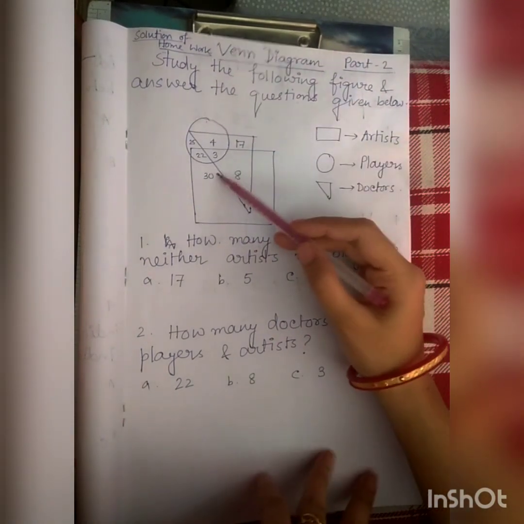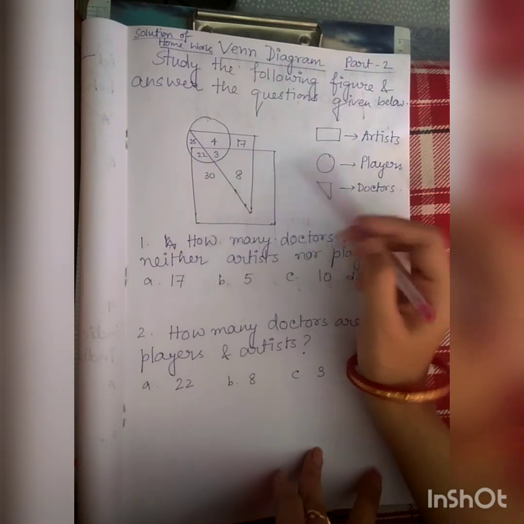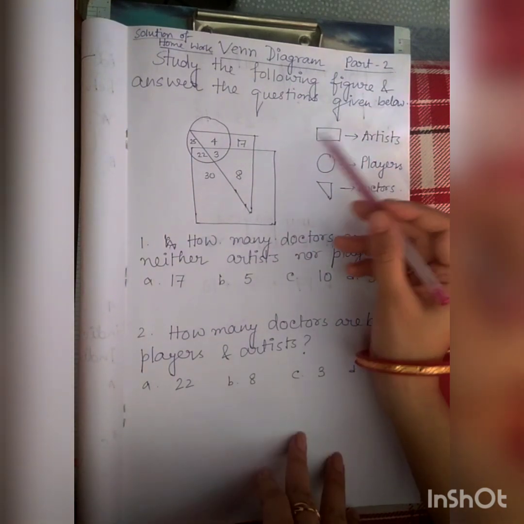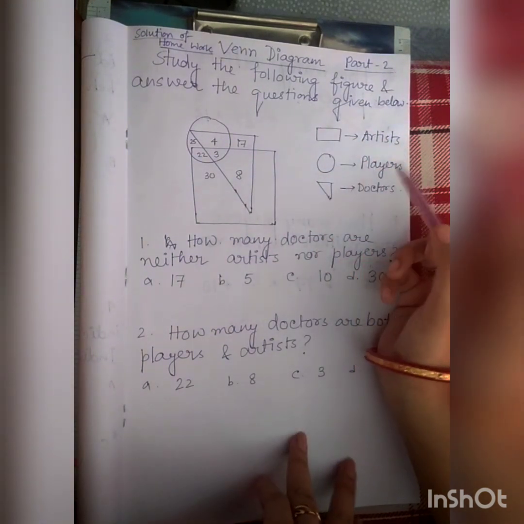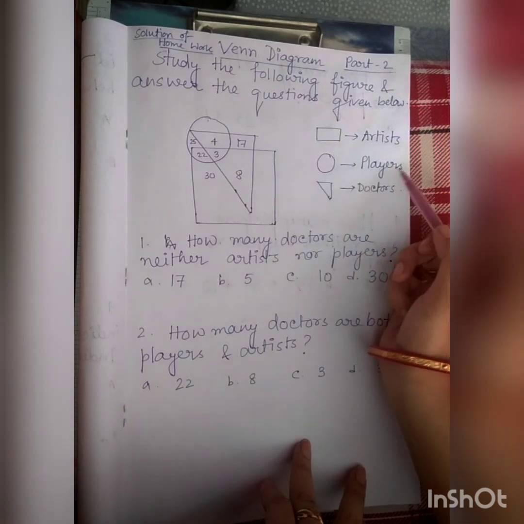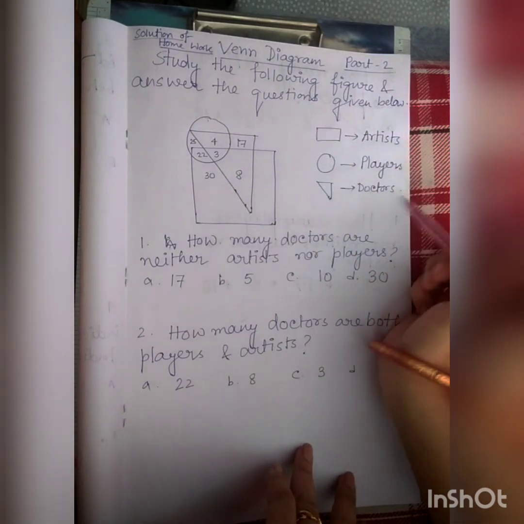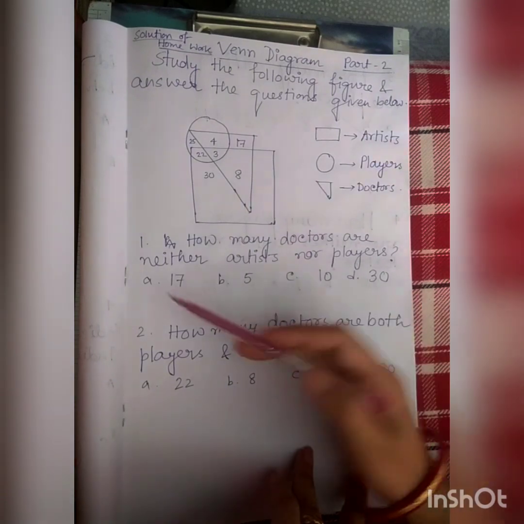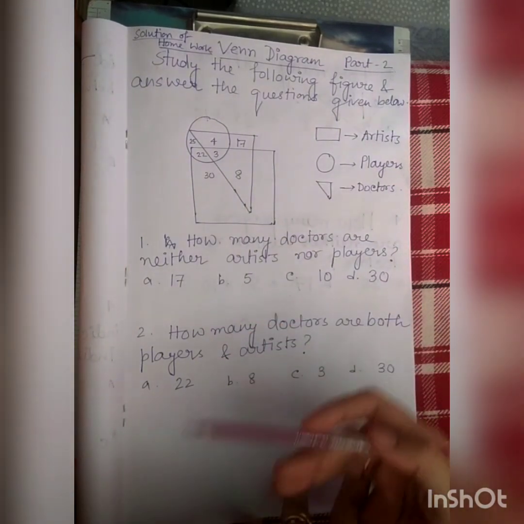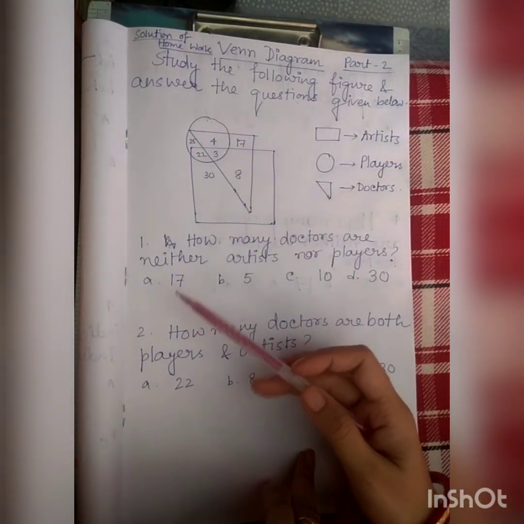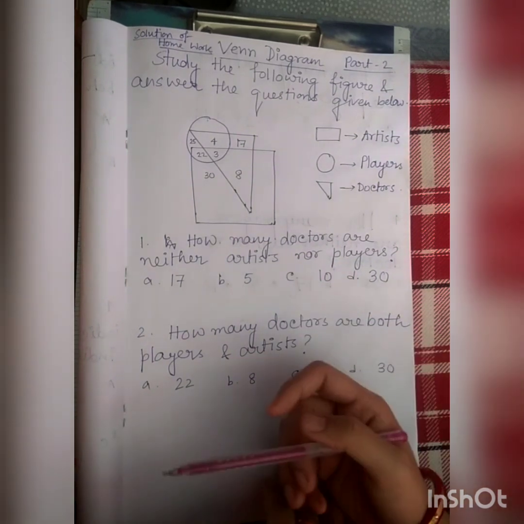You can see one triangle, one circle and one square is given over there. The square or the rectangle is representing the artists, the circle is representing the players and the triangle is representing the doctors. Now in question number 1 it is written, how many doctors are neither artists nor players?